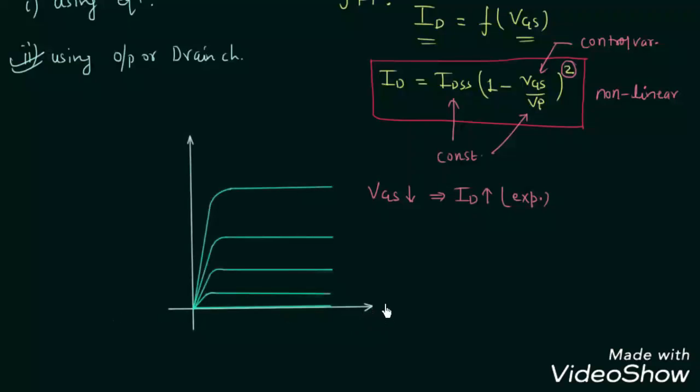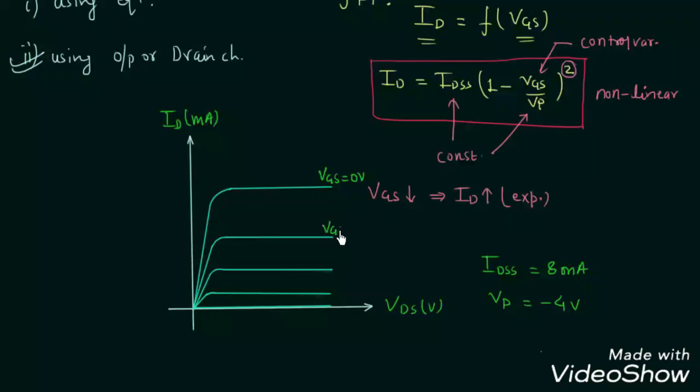The x-axis is for voltage VDS in volts, the y-axis is for the drain current ID in milliamps. For this curve, the maximum drain current IDSS is equal to 8 milliamps and the pinch off voltage VP is equal to -4 volts. This is the first curve obtained at VGS equal to 0 volt.